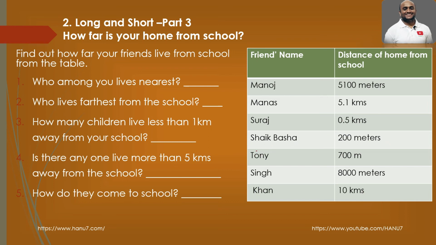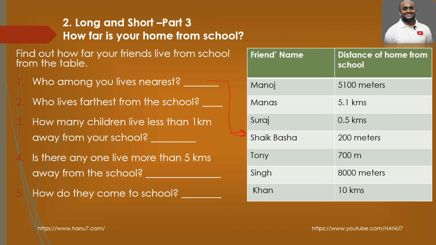Okay, so you can take Sheikh Basha as the person who lives very near. And who is the farthest person? You can see here Khan is 10 kilometers. Out of all the values, 10 kilometers is the highest one.